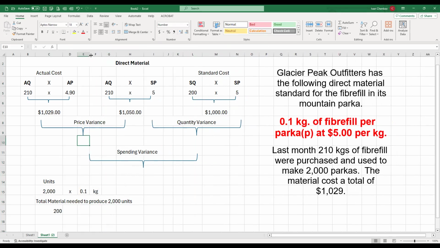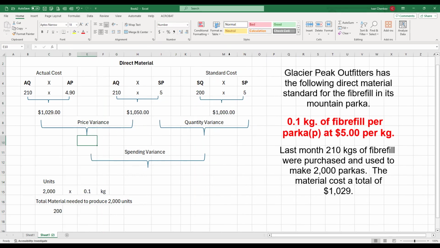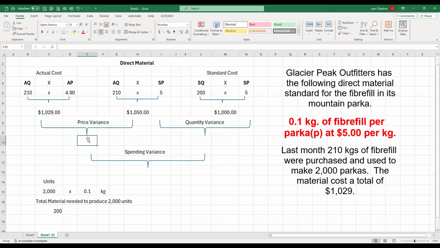So how much will be my price variance? That's the first question that we have to answer, right? Can I calculate it? Yes. It will be $21, this one minus that one.